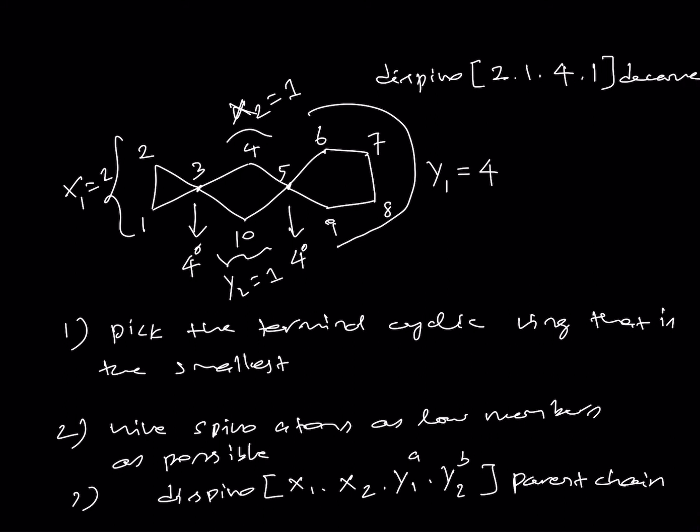Now in addition to that, we need to mention the position of the spiro carbons, the quaternary carbons. That position we need to mention as superscripts at the place of y1 and y2. So where is y1? y1 starts at 5, ends at 5. So that number you need to write as a superscript.